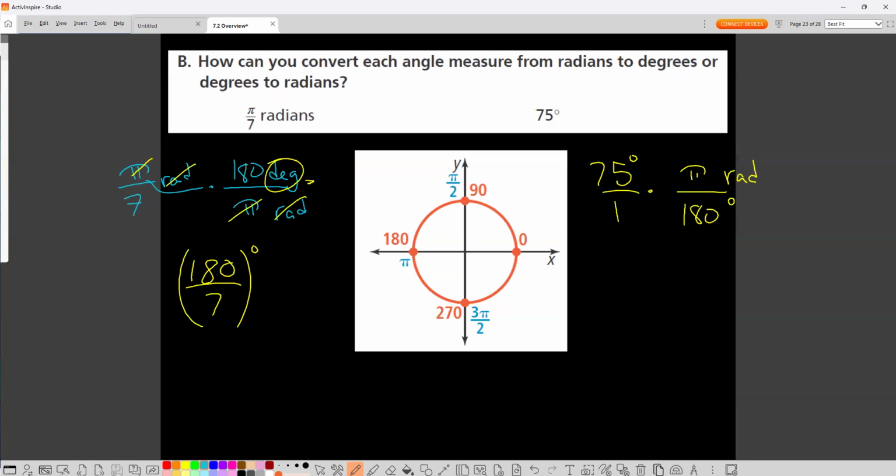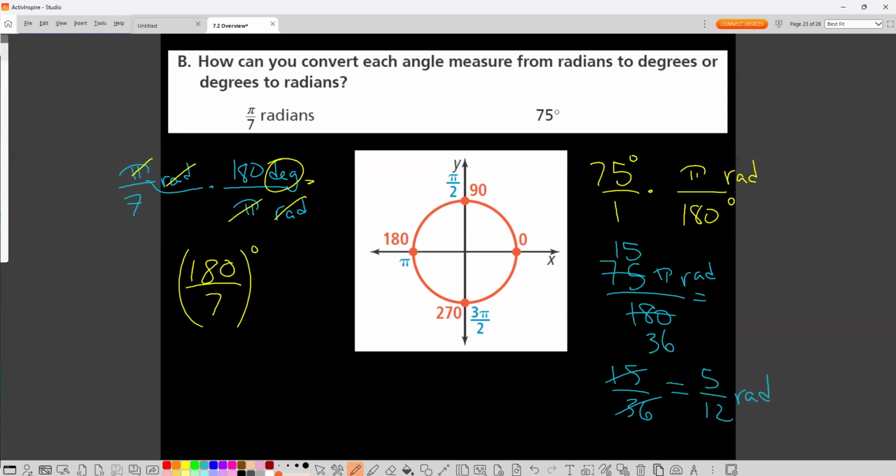So whatever 75 pi over 180 reduces to, and this would be in radians. 5 goes into each of these, obviously. 5 into 75, I believe that's 15, and 5 into 180, I think it's 36. So 15 over 36, each of those are divisible by 3. 5 over 12 radians, if I didn't do that too quickly and make a mistake.